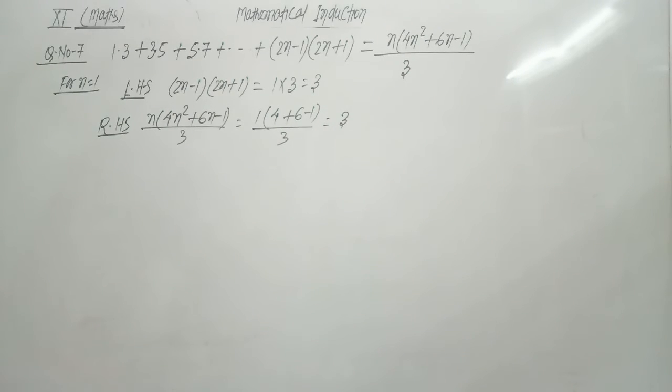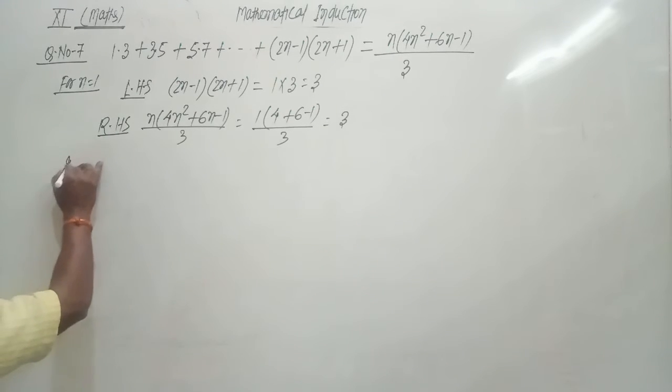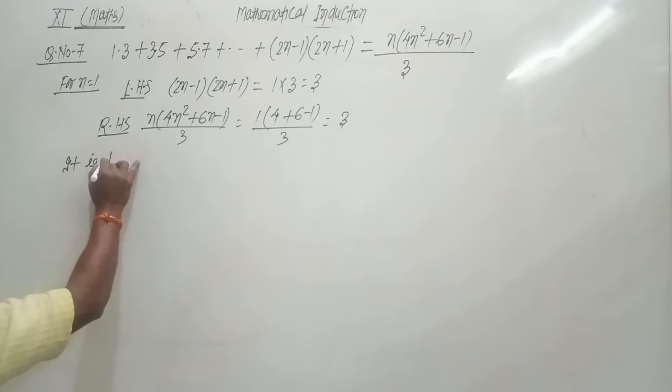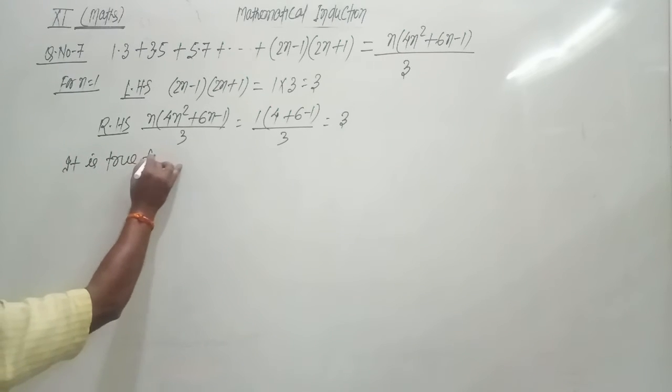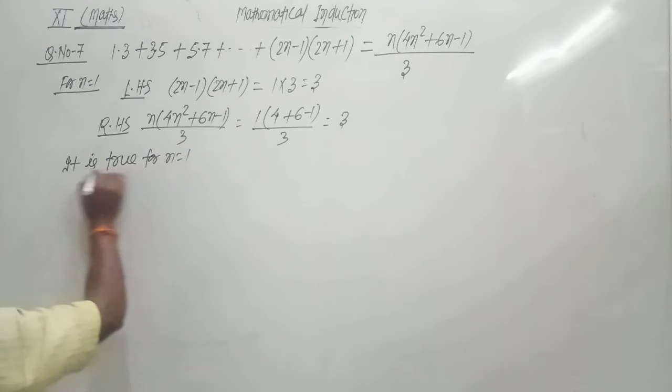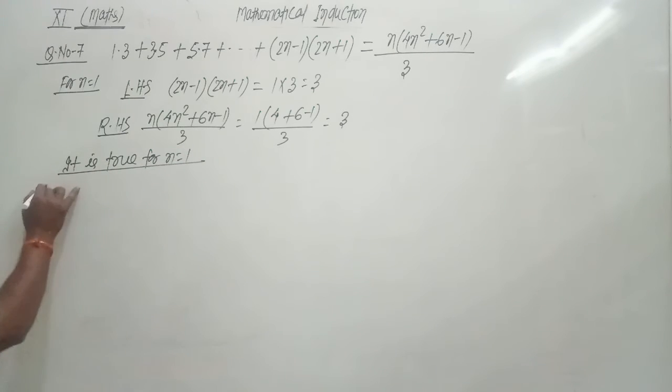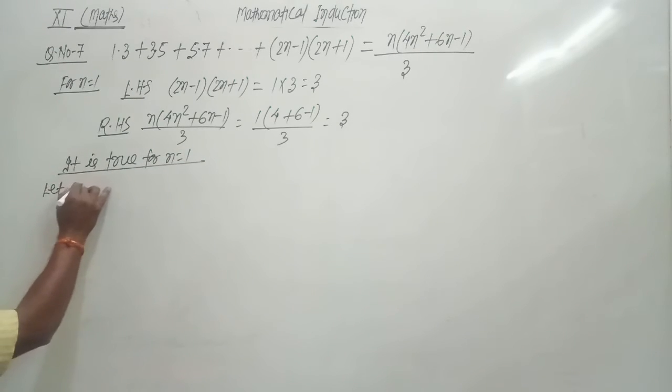So both LHS and RHS is 3 for n equals to 1. So it is true for n equals to 1.